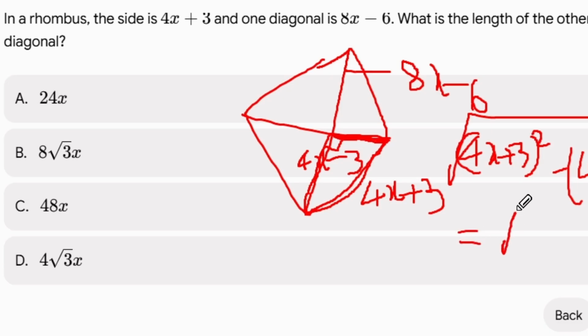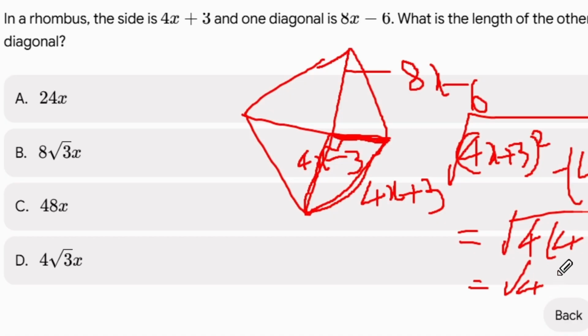We get square root of a plus b whole square minus a minus b whole square equal to 4ab. 4 4s are 16, 3s are 48x.